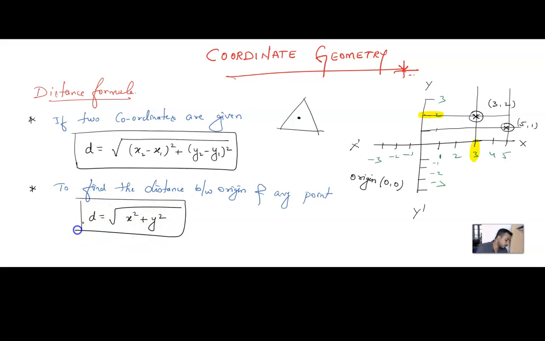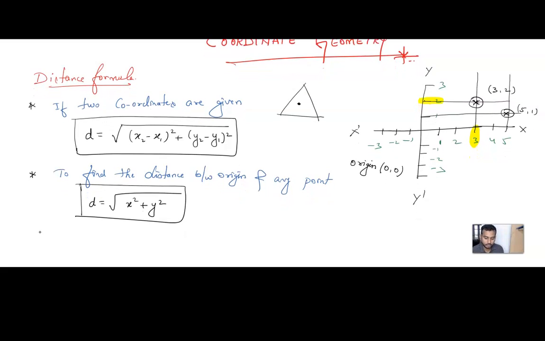So this is the formula which we use to find the distance between the origin and any point, meaning any given coordinates. Origin is 0, 0 and the given point is maybe some other values. Children, one more thing I would like to tell you.